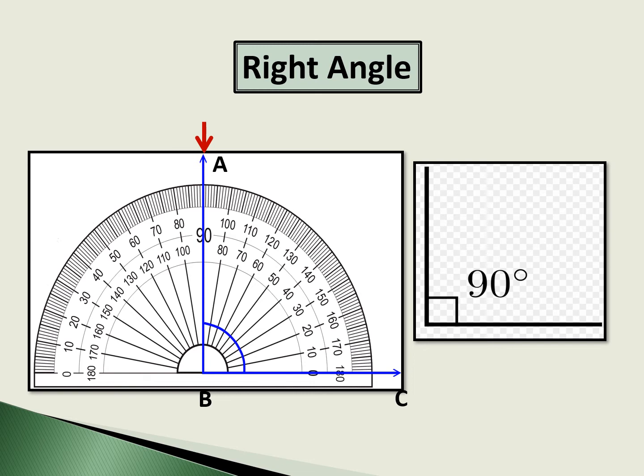In angle ABC, the baseline arm, which is BC, is pointing towards the 0 of the inner scale, and the other arm of the angle, that is BA, is pointing at 90 degrees on the scale. So, an angle which measures 90 degrees is called a right angle.